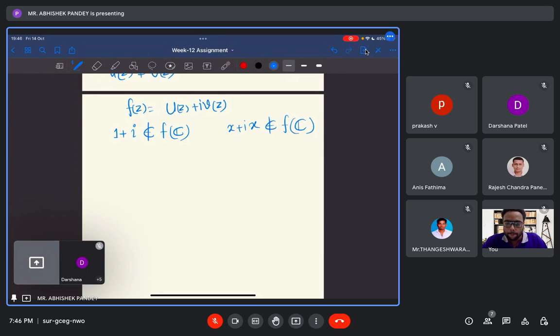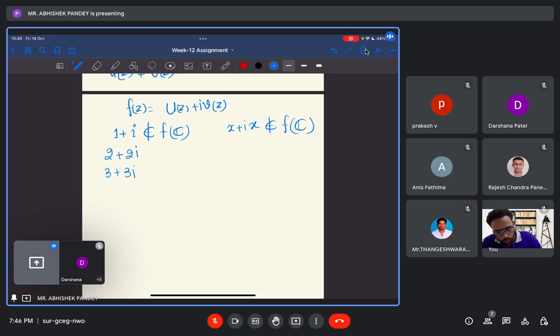And your f is an entire function, so by Little Picard it is constant, isn't it? Because the cardinality of this set is obviously greater than or equal to 2. 1 plus i, you can also take 2 plus 2i, similarly 3 plus 3i.